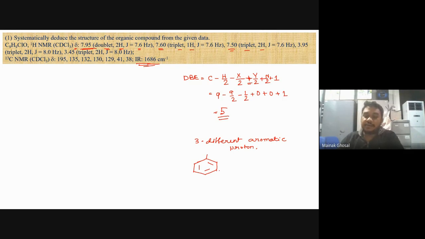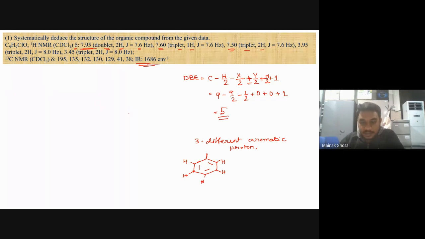If there is a disubstitution, can there be three different protons? Yes, but whenever you have a monosubstituted benzene, the splitting pattern will match. You can do this with a disubstituted one, you can guess, but the splitting pattern will not match there.